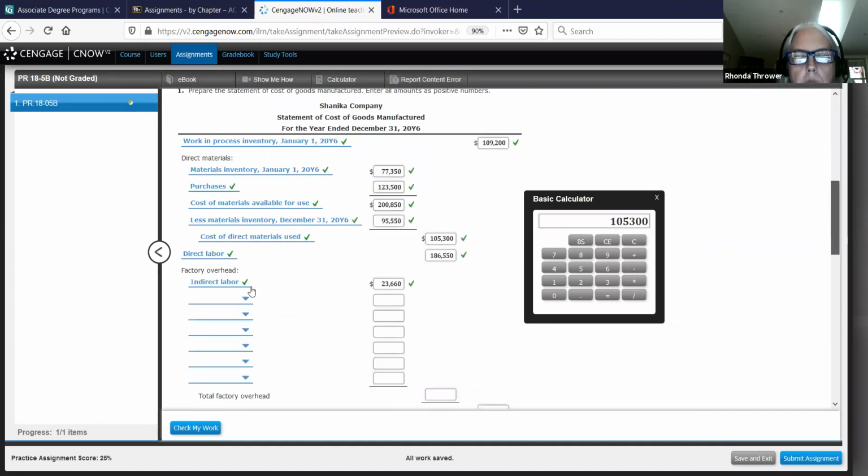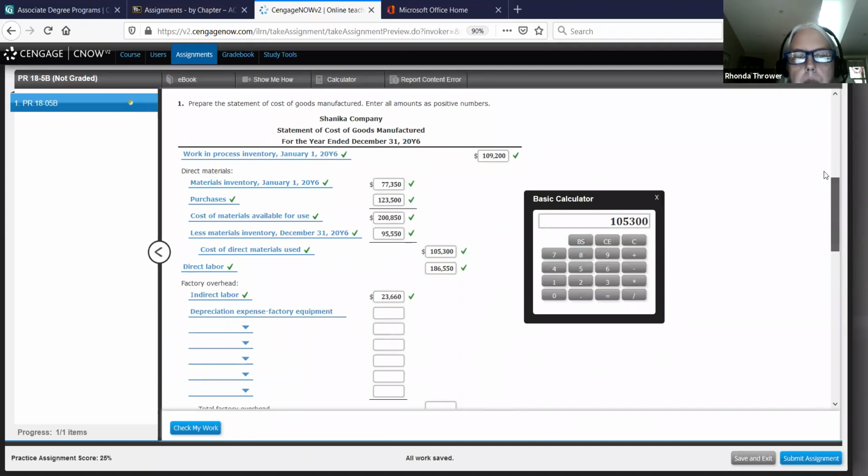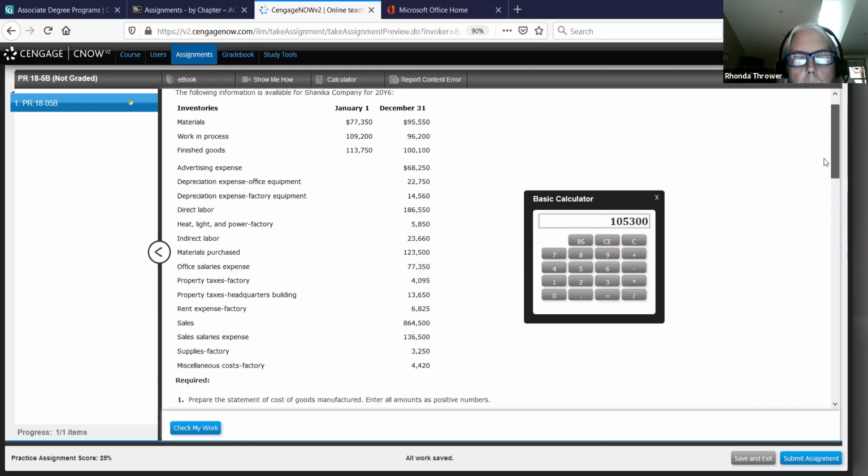So indirect labor is our first sub factory overhead expense account. Also, depreciation expense on factory equipment would be considered to be a part of factory overhead. And depreciation expense on factory equipment was 14,560.